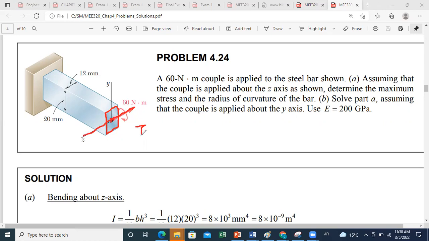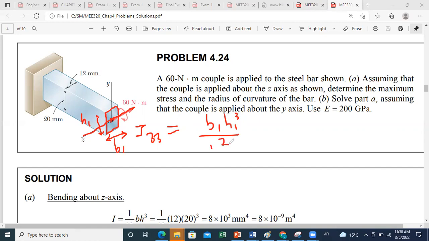So inertia about the z axis, Izz, is equal to, let's say this dimension is b1, and this is h1. Okay, so we should do b1 times h1 cube over 12.